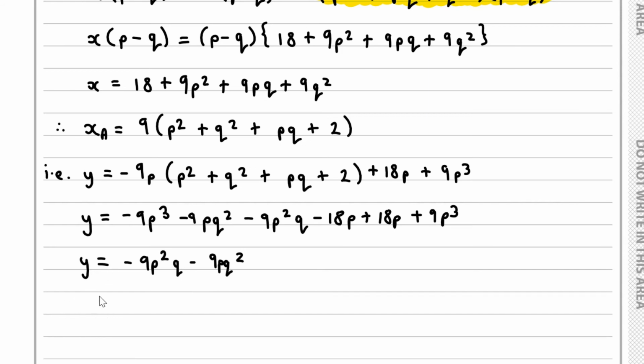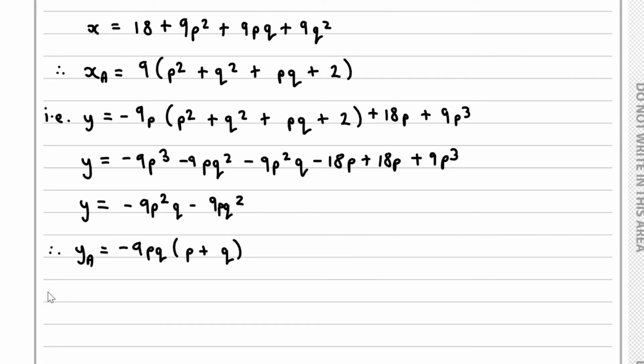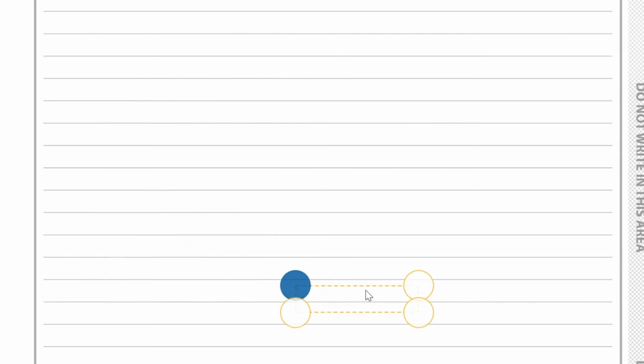And if we factorize out a minus 9pq, we can therefore conclude that the y coordinate of A will be given by minus 9pq lots of p plus q. So therefore, for the coordinates of A, we have this for the x coordinate, and then for the y coordinate we have this over here.